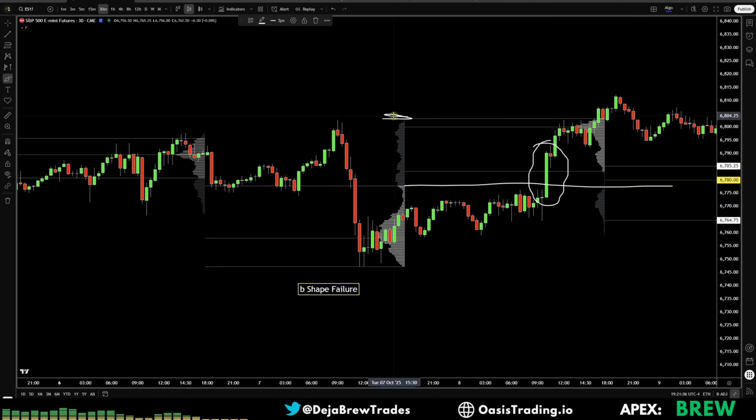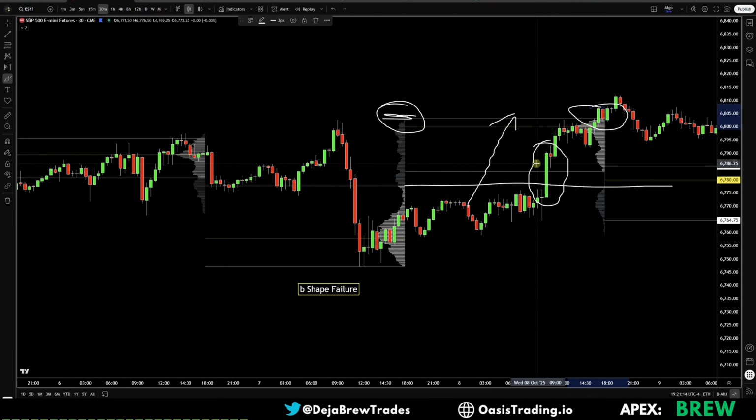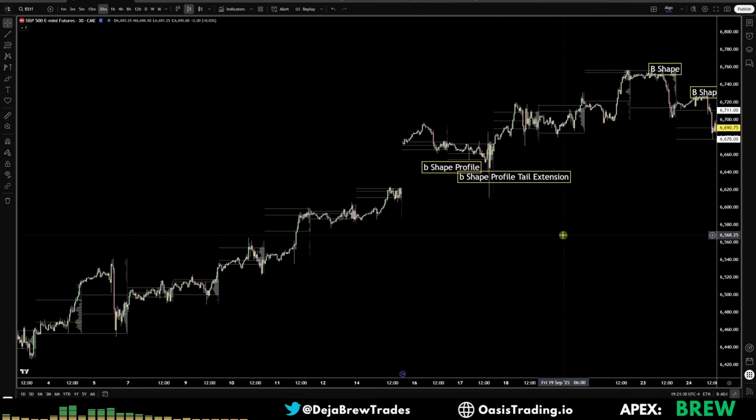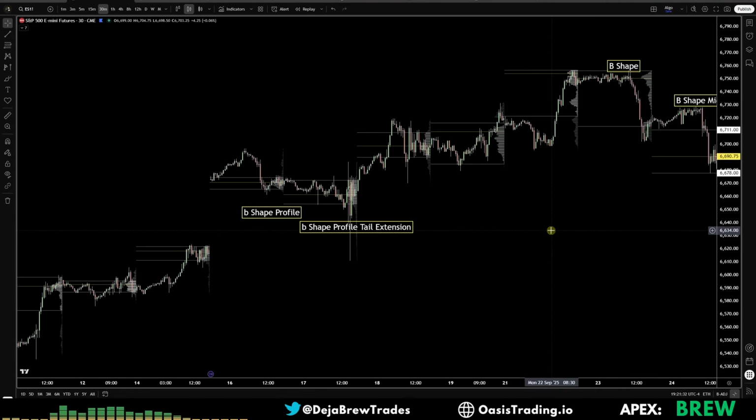We look for that tail to be retested. So you see how price went all the way back and retested that upper tail? So we could have been a breakout buyer once we found value above that value high, looking for that upper tail squeeze.